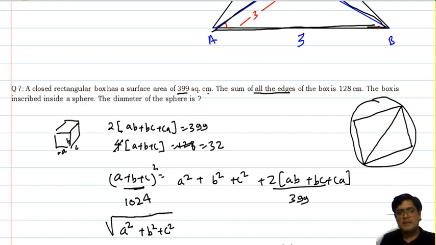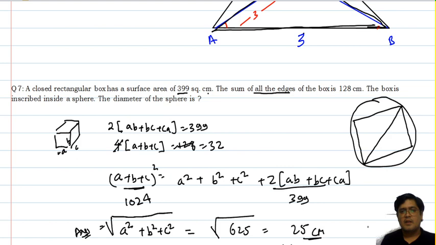So 400 subtract from here, that is 624, 1 less, 625. So here you have square root of 625, that is 25. 25 centimeters is the diameter of the sphere. This is the answer we're looking for. Again, this was more based on algebra than on geometry.